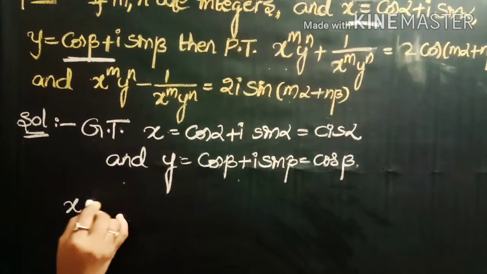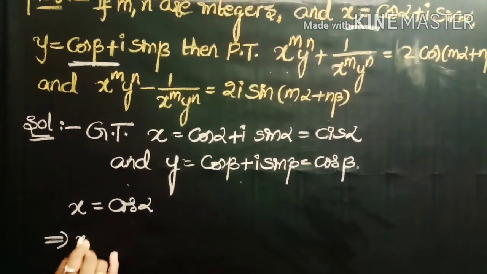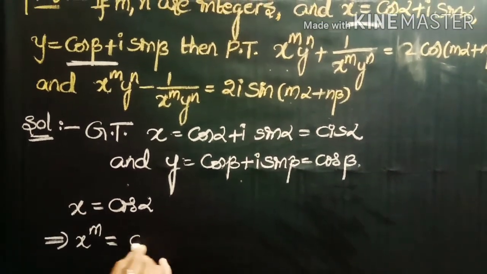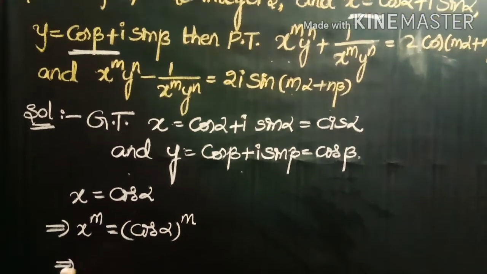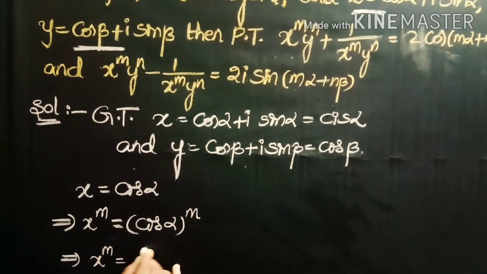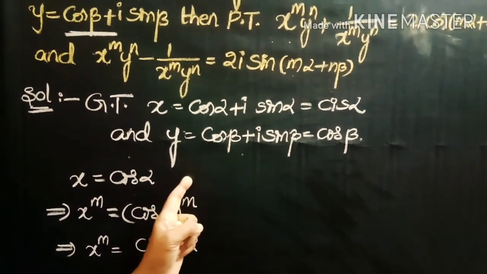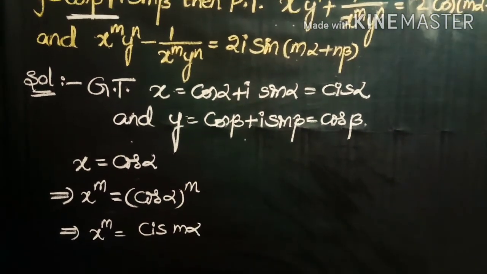So x is equal to cis α, then x^m is equal to cis α whole power m, that is x^m is equal to cis mα. Cis θ whole power n is equal to cis nθ.